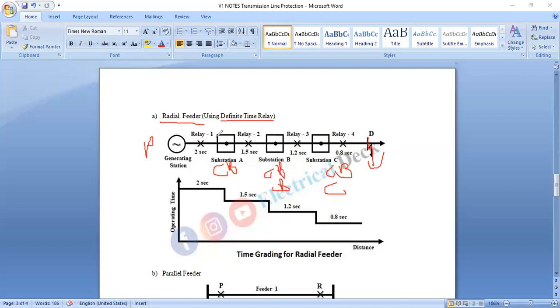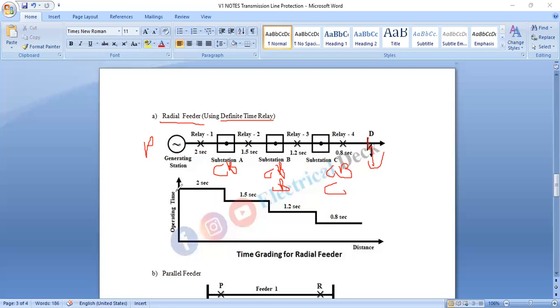Then relay 2 plays its part in time, shown here as 1.5 second. So when relay 3 has failed, and circuit breaker B also fails to operate, relay 2 operates after 1.5 seconds.